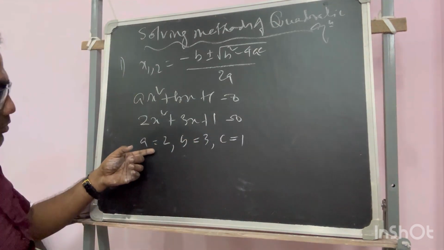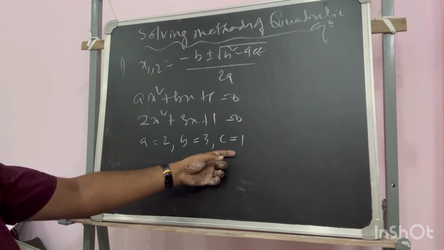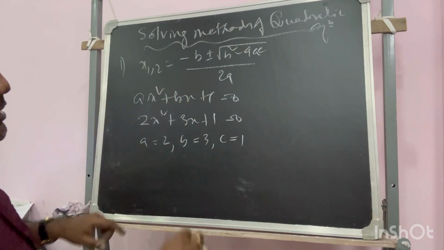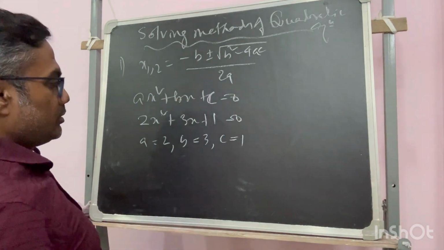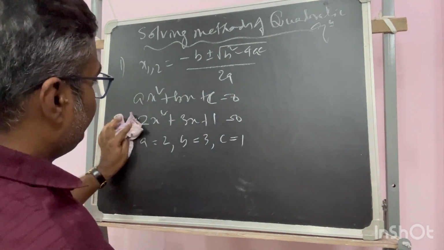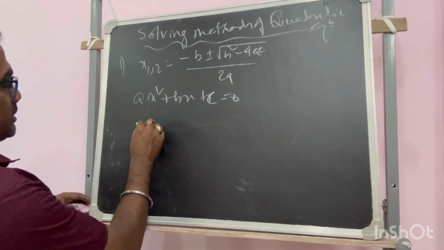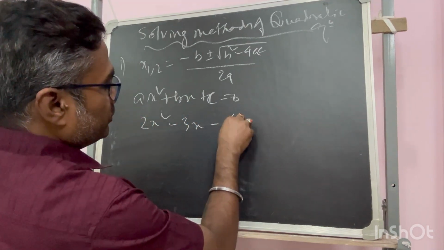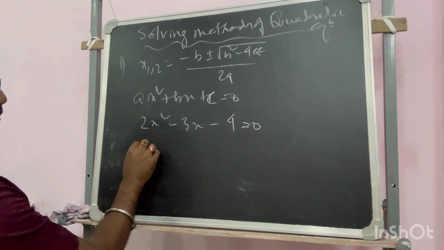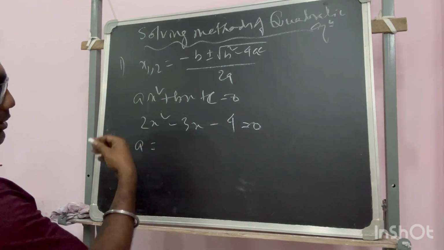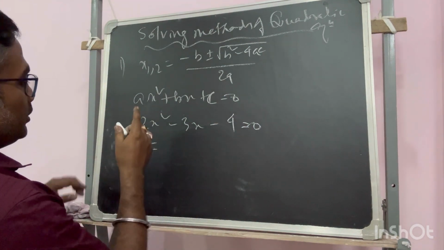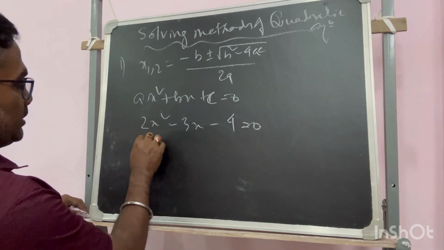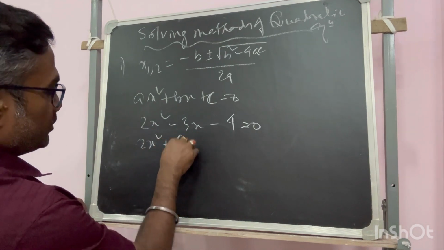In the real equation all terms are given as positive. But if I get an expression like 2x square minus 3x minus 4 is equal to 0, while you write the values of a, b, c, you have to consider it first in the plus form.